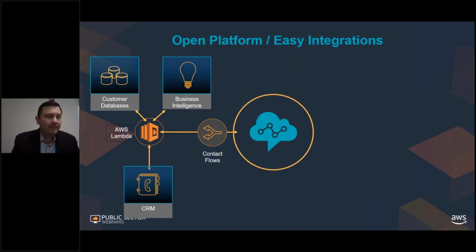We have a capability called Amazon Lambda, and Lambda is a serverless technology, but basically it allows you to execute code in small discrete, if you call it a data dip out to another application. And you don't need to run specialized servers anymore. There's no need to run CTI integrations. You can just leverage this technology, and it's very inexpensive and very efficient. And in doing so, we can create all these customer interactions.